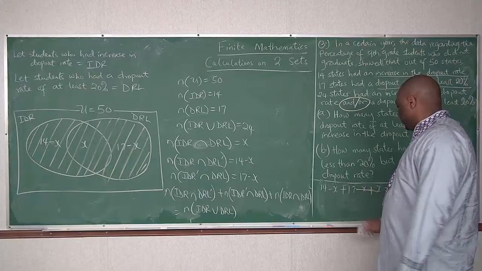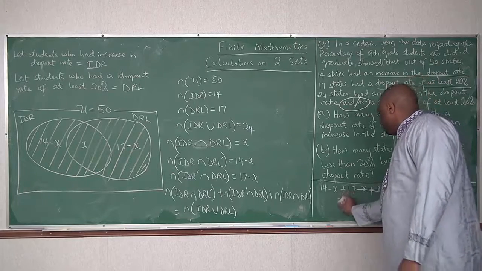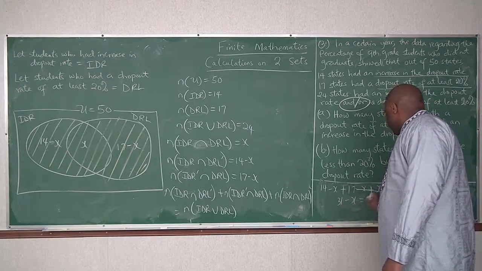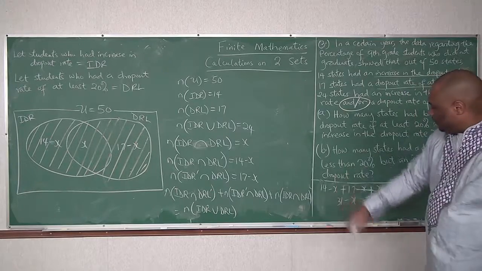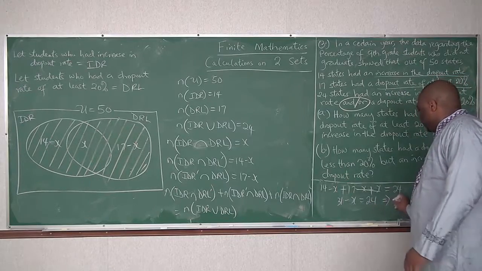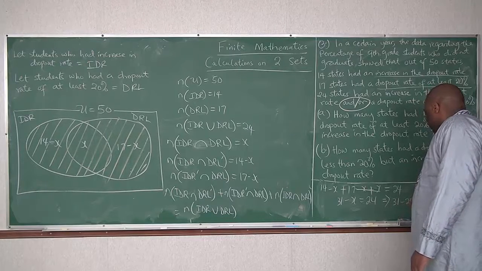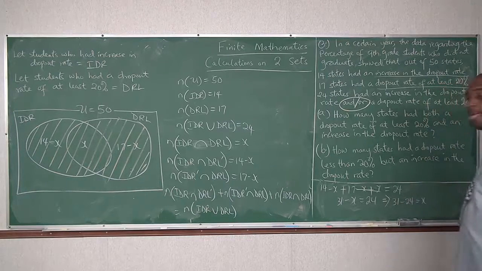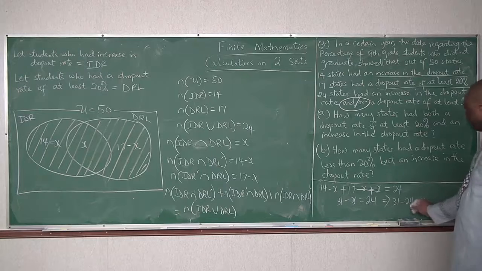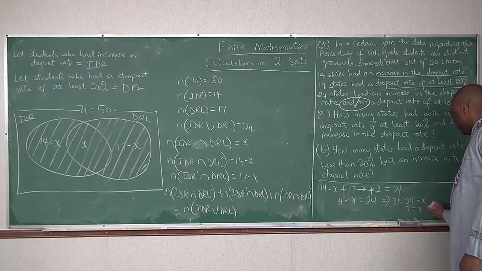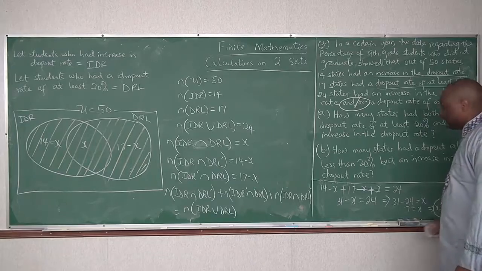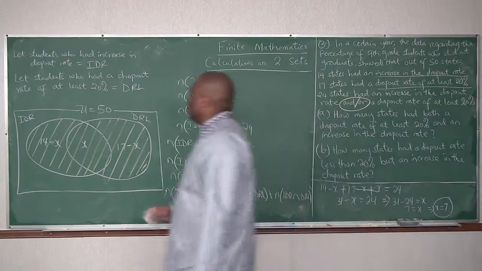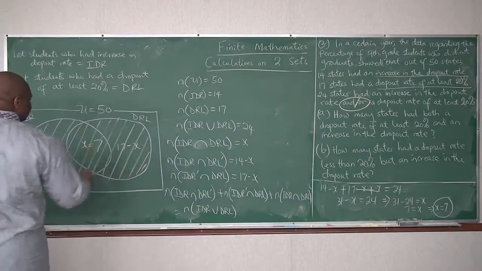Now 14 plus 17 is 31. 31 minus x will give us 24. If we bring this over here, take this over there, this means that 31 minus 24 is equal to x. So 7 is equal to x. So this implies that x is 7.